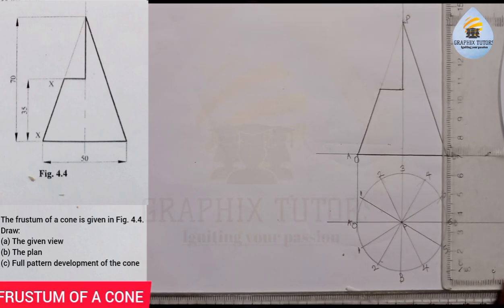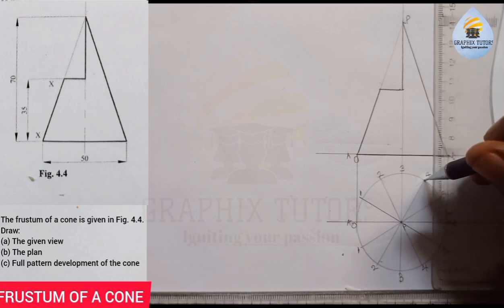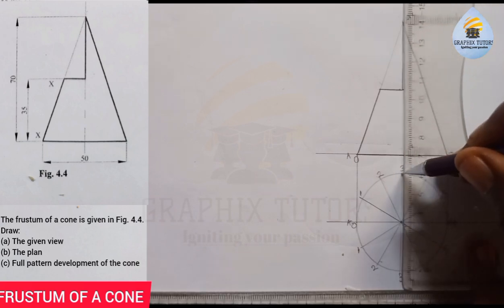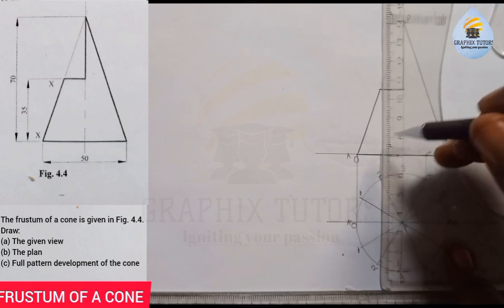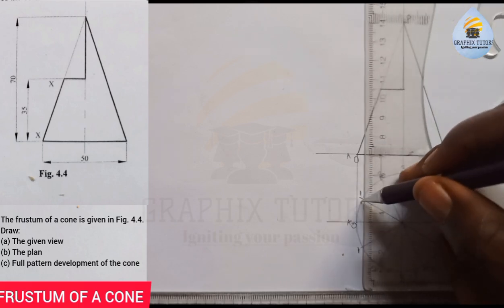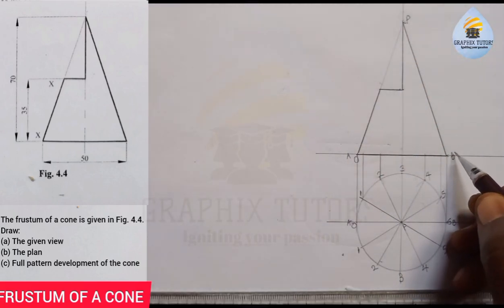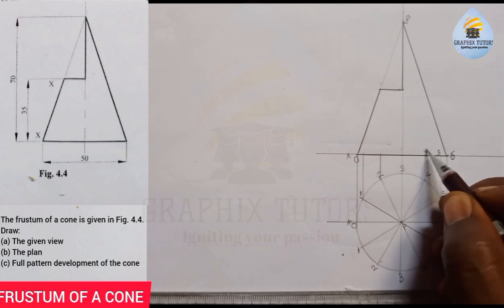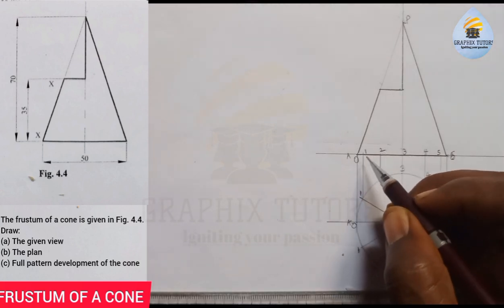It will come here to meet this. This will come here to meet this. We'll have this, it's already there. Then we have this, and we have this. So here will be 6, right? 5, 4, 3, 2, 1, 0.